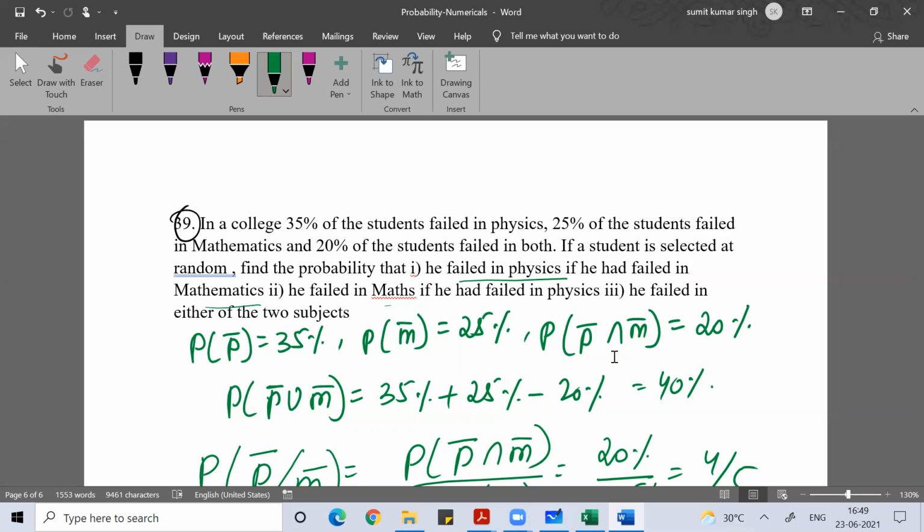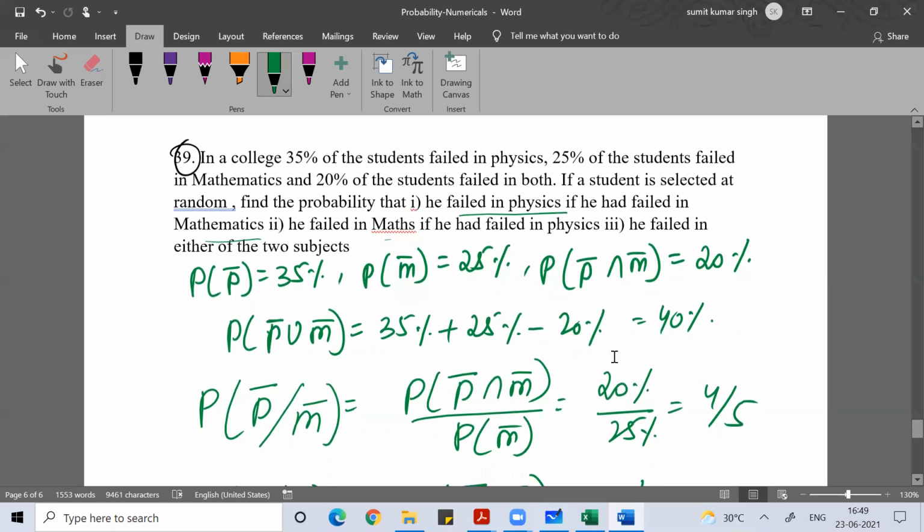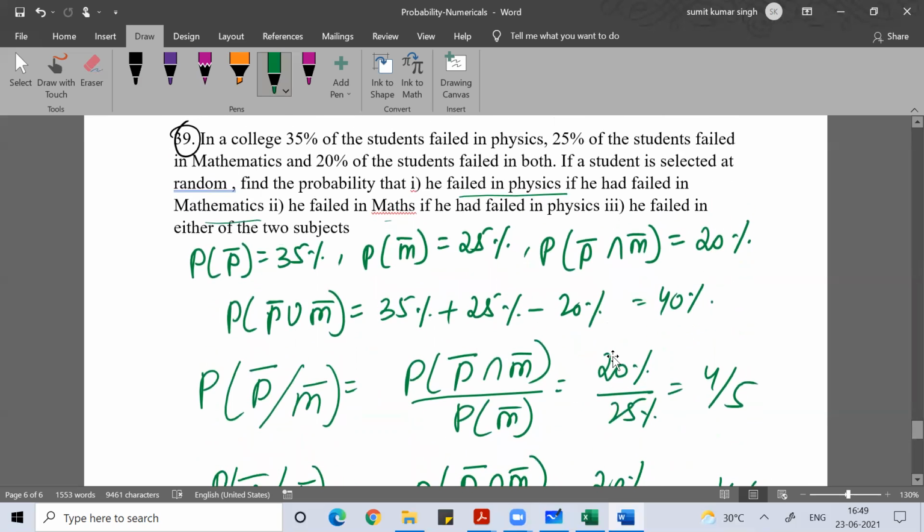If I'm talking about either here, what will you do with either case? Either means union, most probably.